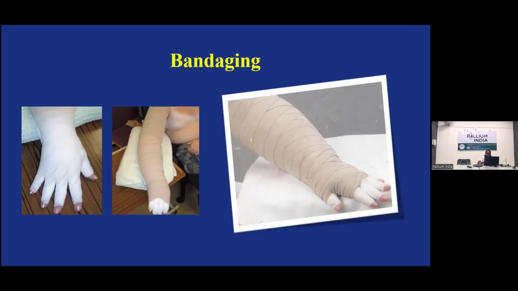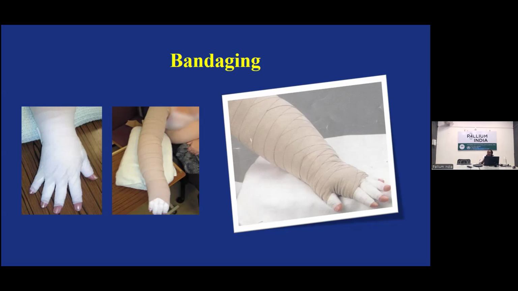Okay. So after massaging, you can educate the patient to wear bandages. We have stockings also. If the edema is uniform, then you can advise the patient to wear stockings.